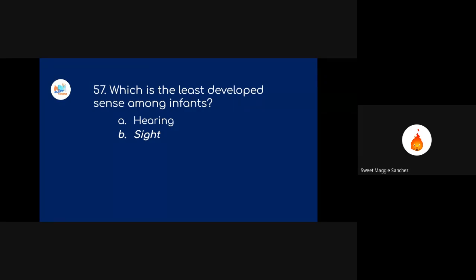Unlike the others, senses na develop na sila even during pregnancy and after childbirth din, no, usually tulog pa yung bata. So, womb is dark. Yes, the womb is very dark indeed. And after childbirth, usually tulog pa yung bata. So, sense of sight, usually ito yung last siya na sense na na-develop.